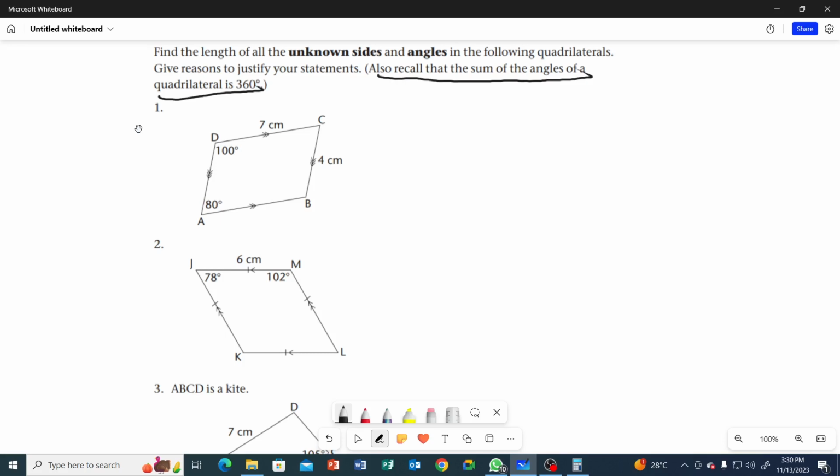Now this is a parallelogram. The shape you see on the screen is your parallelogram. And what do you know about a parallelogram? It has two pairs of parallel lines, and it also has two pairs of equal lines.